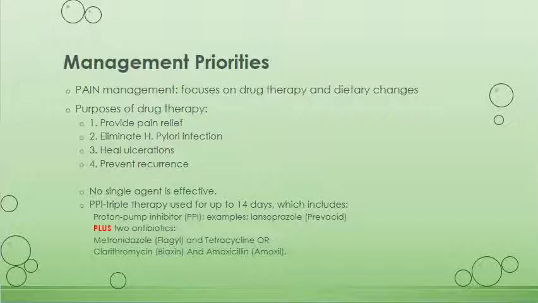So 2 regimens that may be prescribed would be metronidazole and tetracycline, or clarithromycin and amoxicillin, depending on allergies. So they would be on the proton pump inhibitor as well as 2 antibiotics to control the acid and to kill the bacteria.